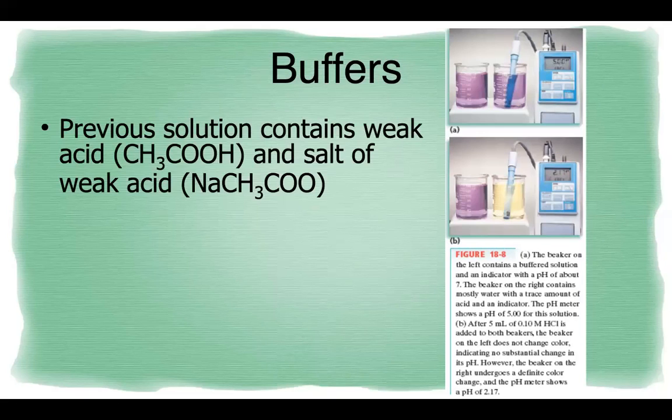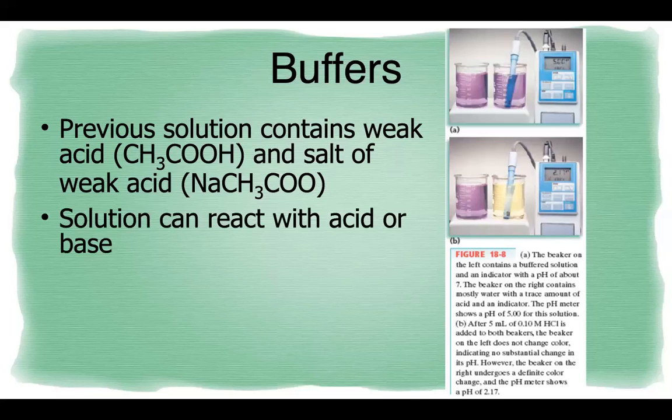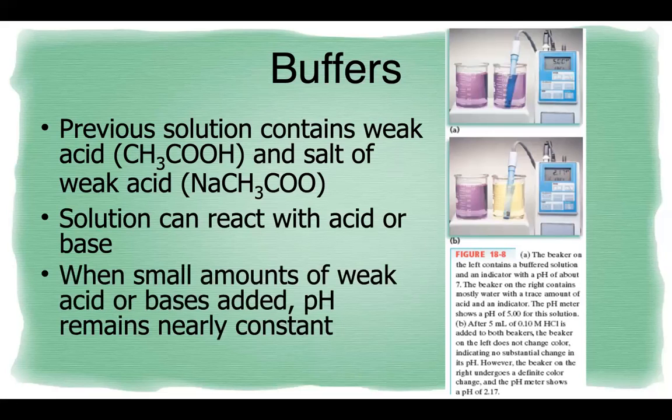The previous solution contains a weak acid and a salt of the weak acid. So we had acetic acid and sodium acetate. This solution can react with either an acid or a base. When small amounts of strong acids or strong bases are added to this solution, the pH remains nearly constant.